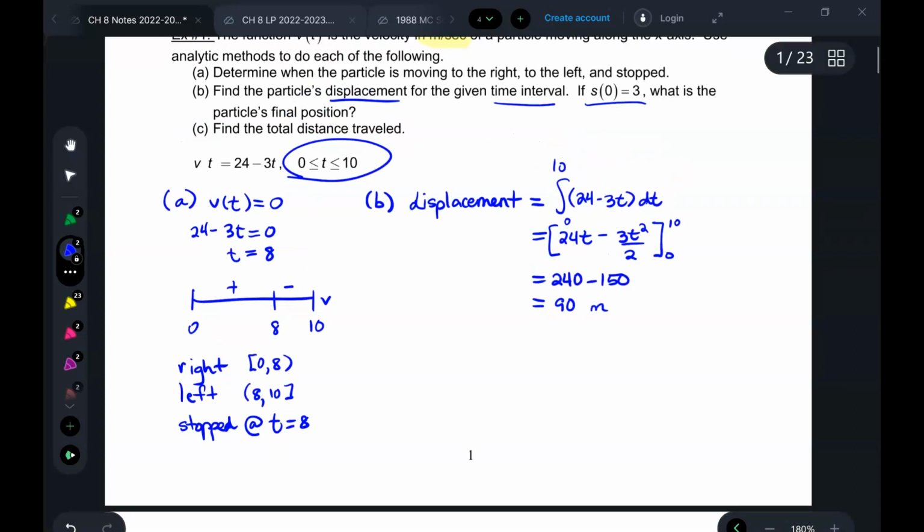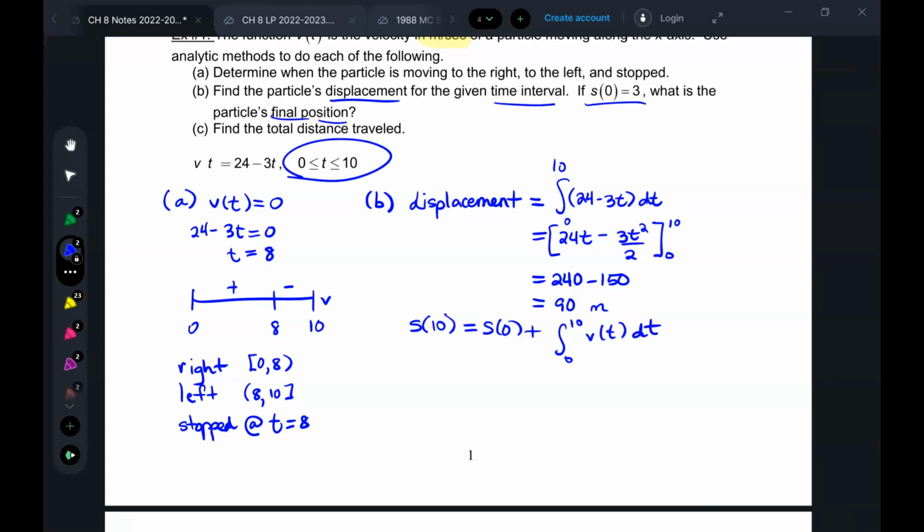Okay, so what is the final position? In other words, s of 10. That's going to be s of 0 plus the integral from 0 to 10. But we already figured out this portion, right? You don't always have to show this much work. I'm just writing it out in notation so you kind of get used to it.